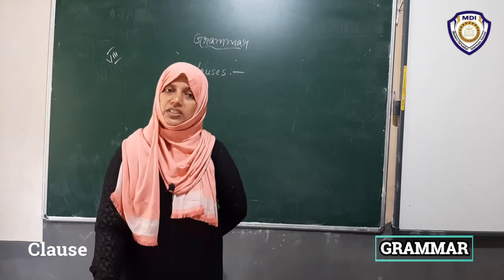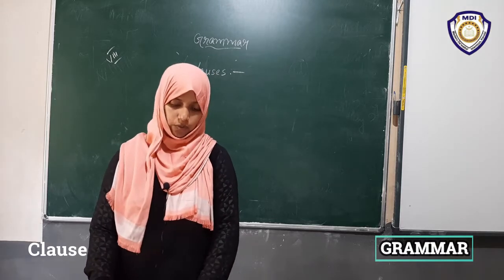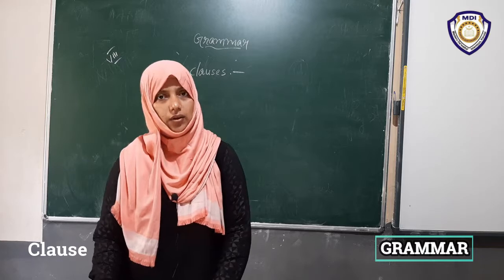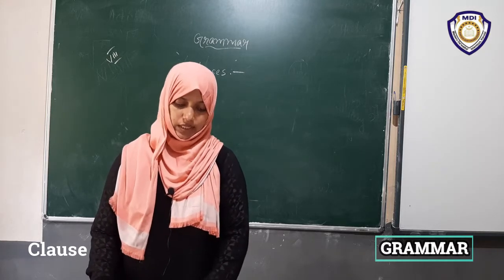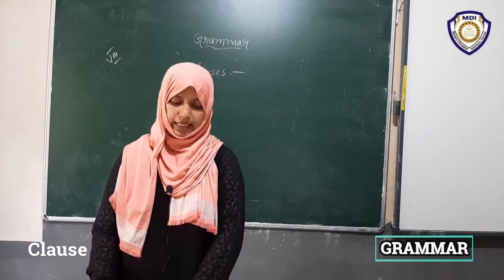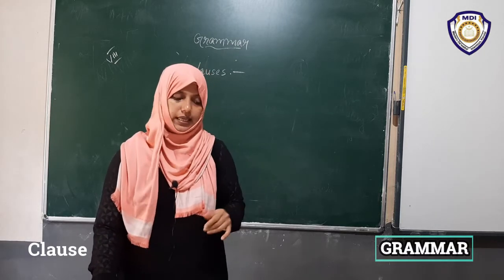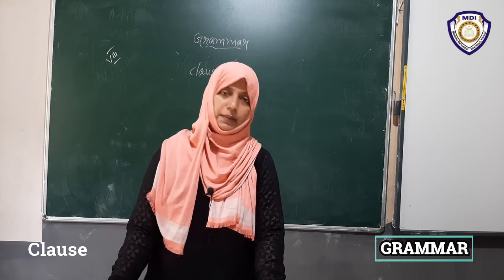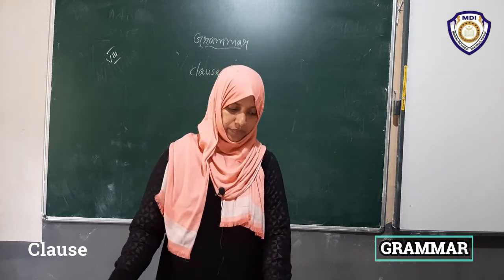It has a subject and predicate. There are two types of clause, principal clause and subordinate clause. Listen, all of you. A principal clause is a group of words that contains a subject, a verb and expresses a complete thought. A principal clause can stand by itself as a separate sentence.